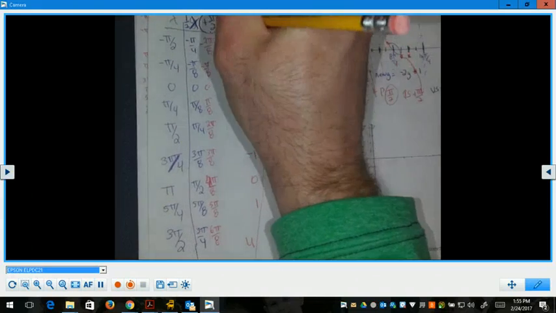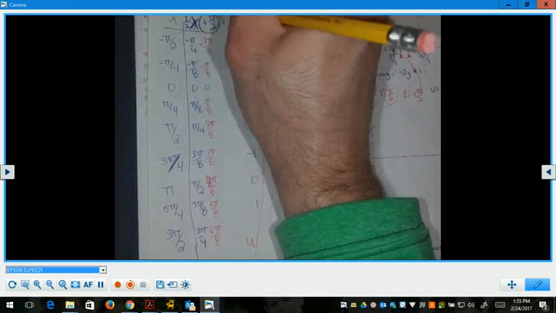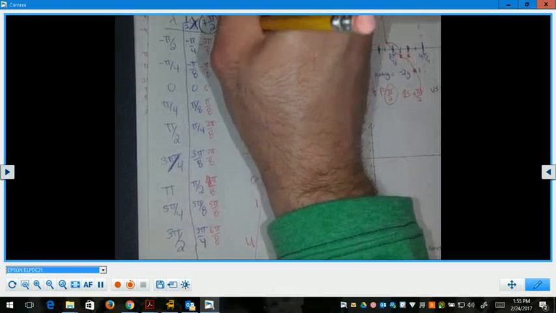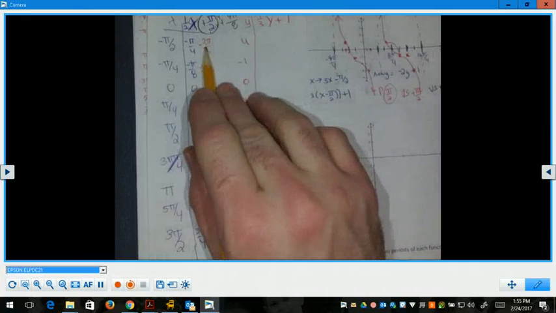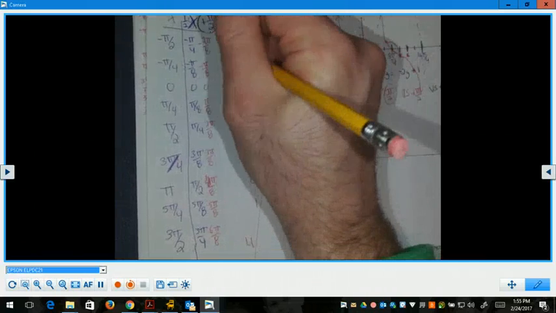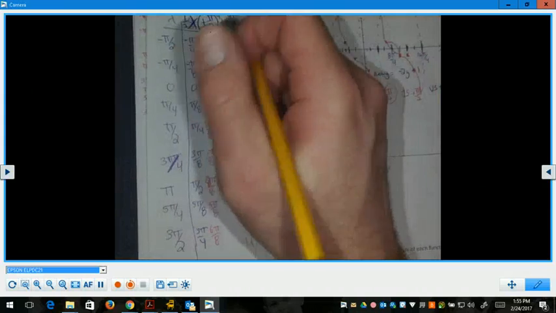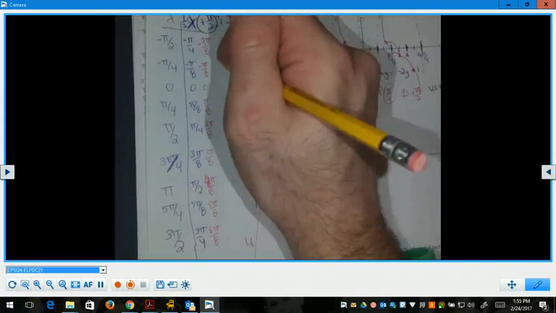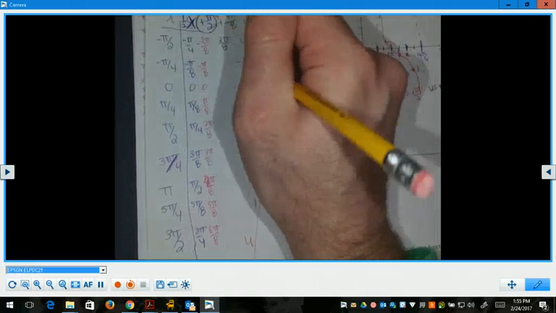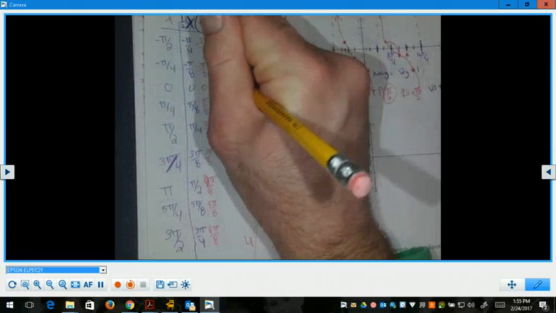All right, to that we have to add π/2, but right now it's in terms of 8ths. So really, if I multiply that by 4 to get 8 in the denominator, I'm going to be adding 4π/8. So I'm just going to add 4 to each numerator and keep my denominator. So this becomes 2π/8, which is π/4 if you want. I'm going to leave it in terms of 8ths for making it easier to graph. This one will be 3π/8.